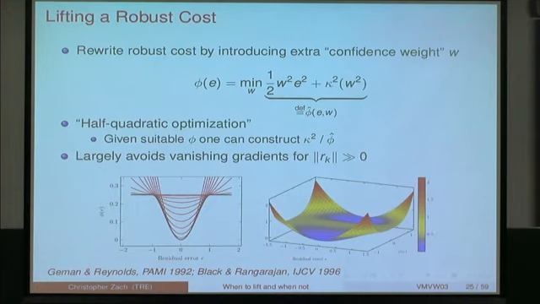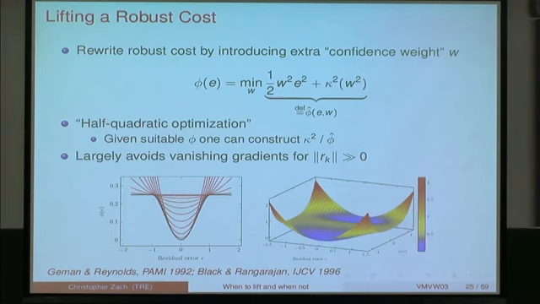Once you fix w, the width of the parabola, you end up with a standard least squares problem, and optimizing w is a problem that's per observation or per residual, so it can also be done in closed form. How it was used in practice, called half-quadratic optimization, is by alternating between updates of your unknown parameters and updates of your confidence weights, or the width of the parabola.